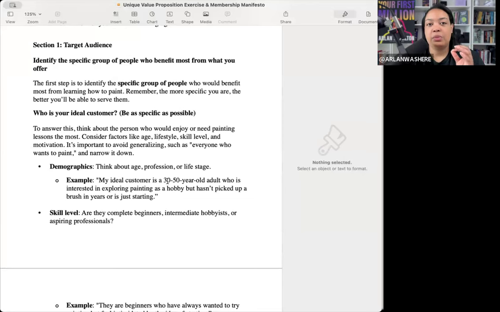Identify the specific group of people who will benefit most from what you offer. Just think about this for a little bit and start jotting some things down. Who is your ideal customer? One hack to figuring this out, because sometimes it is tough, is to think about who you've worked with in the past, who's been your favorite type of client or customer.